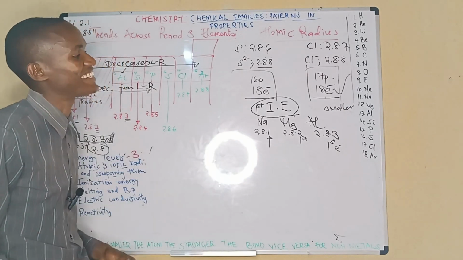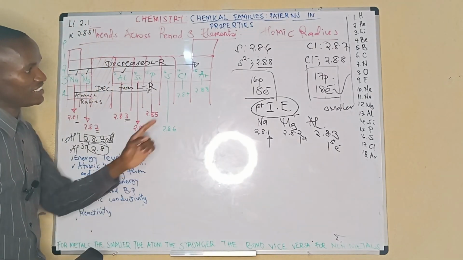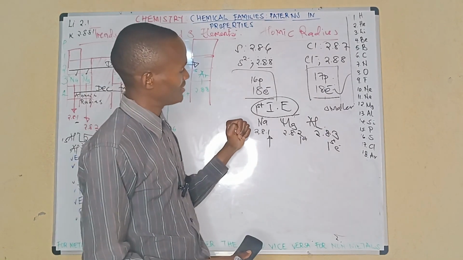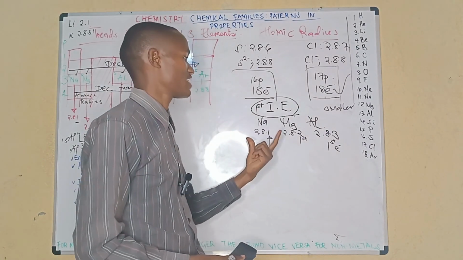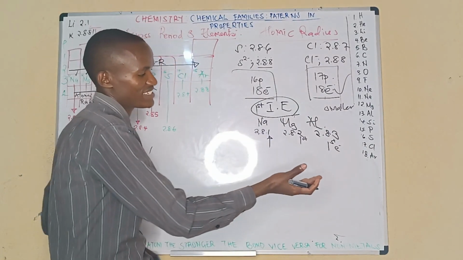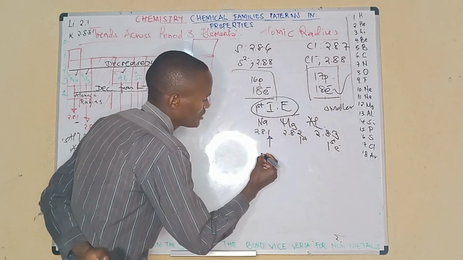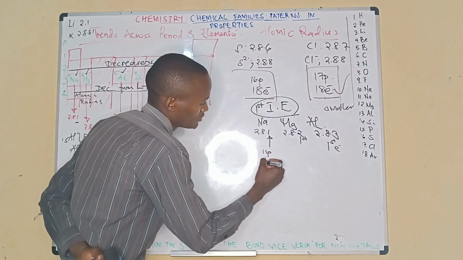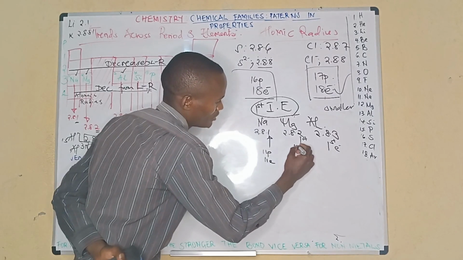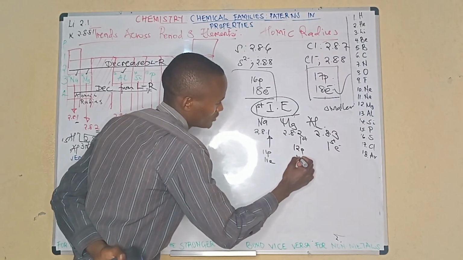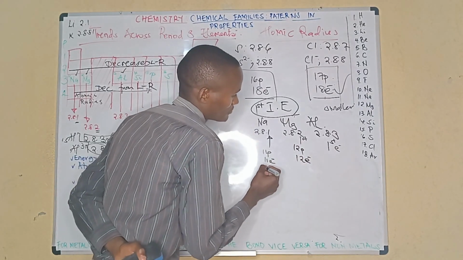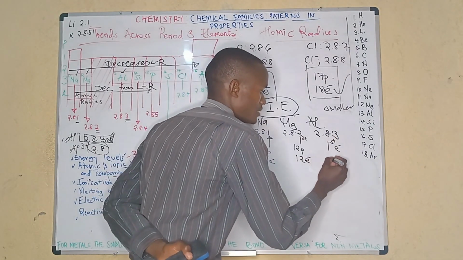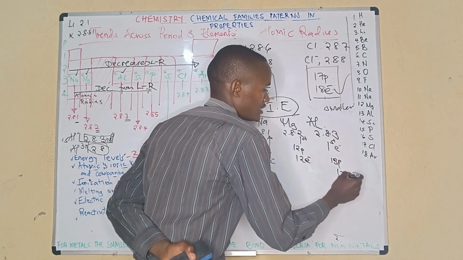The nuclear charge, again. From what we have just seen, sodium has 11 protons, 11 electrons. Magnesium has 12 protons, 12 electrons. Aluminium has 13 protons, 13 electrons.